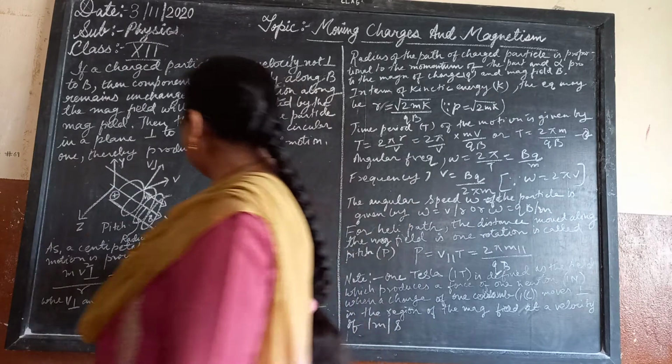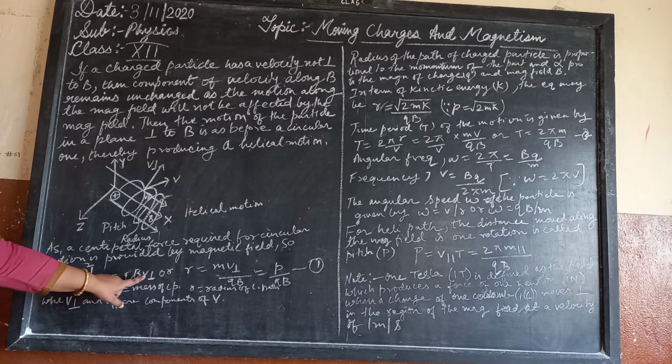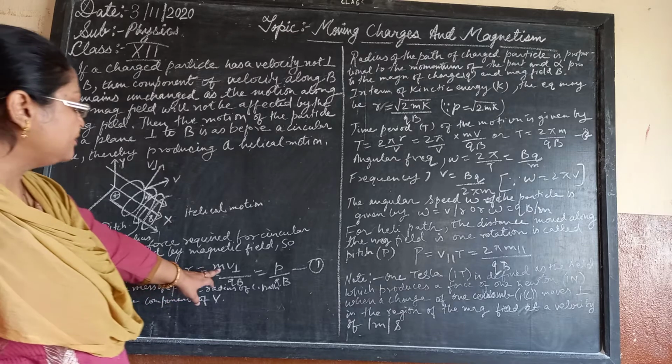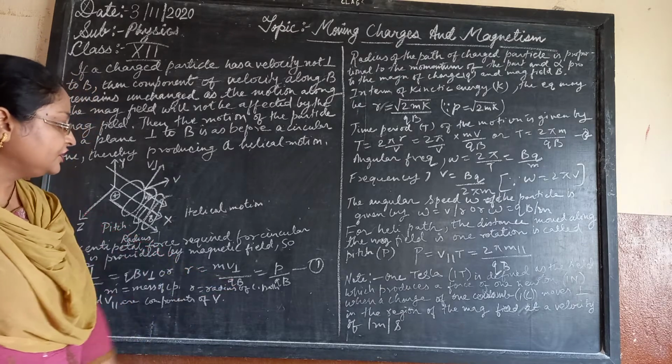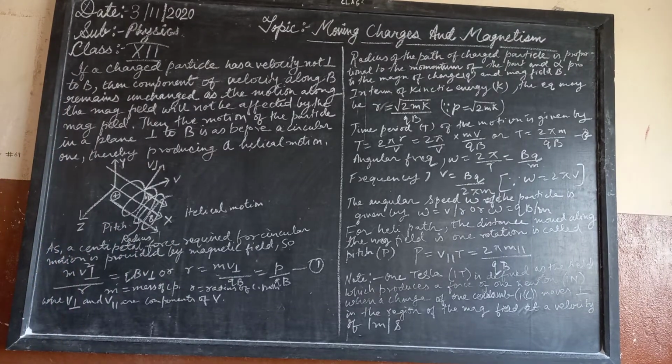As the centripetal force is provided by the magnetic field, we have m v perpendicular squared upon r equals q v perpendicular B, or r equals m v perpendicular upon qB, that is equal to p upon qB. This is the first equation, where v perpendicular and v parallel are the perpendicular and parallel components of v.